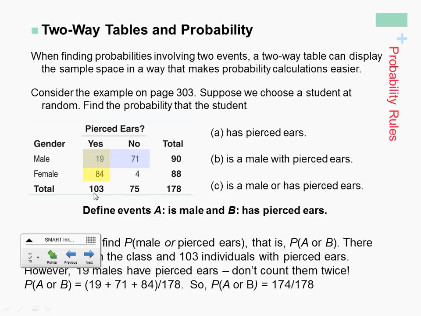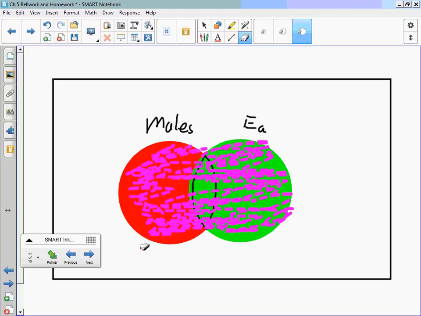So what's going on? How come I can't add these two totals together? It's because of this little guy right here, and he's overlapped twice. This area right in here is overlapped twice.